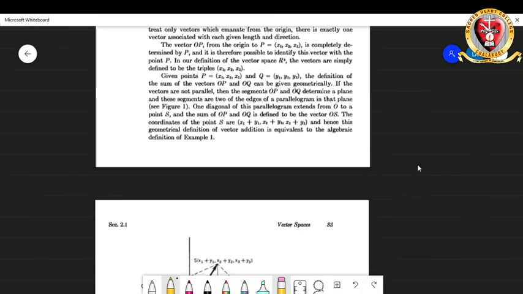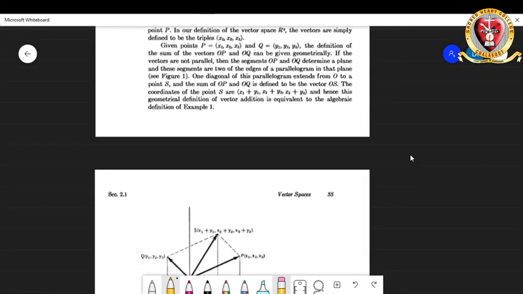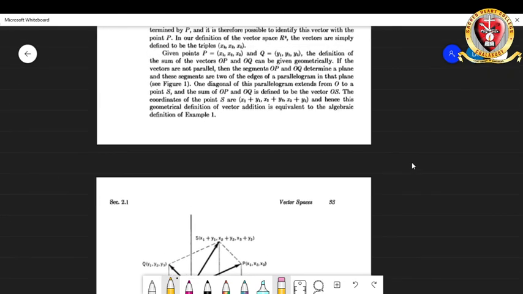And also you can see, if we are given points P and Q, how you can geometrically see how we define the vector addition.